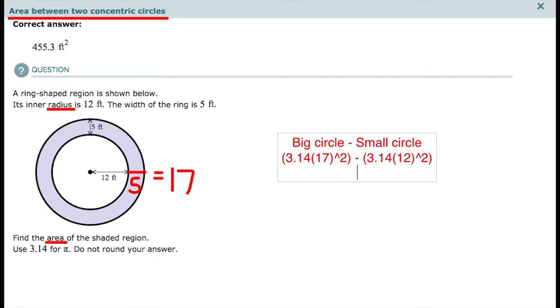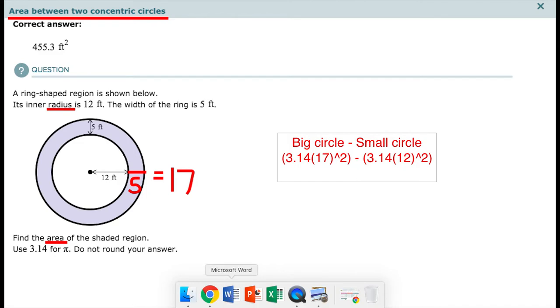So let's simplify those two things. Maybe I'll just pull up a calculator on here so you can see how I do it.